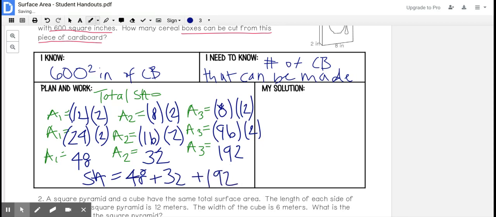And when you add those three together, we find that our total surface area is indeed 272 inches squared.